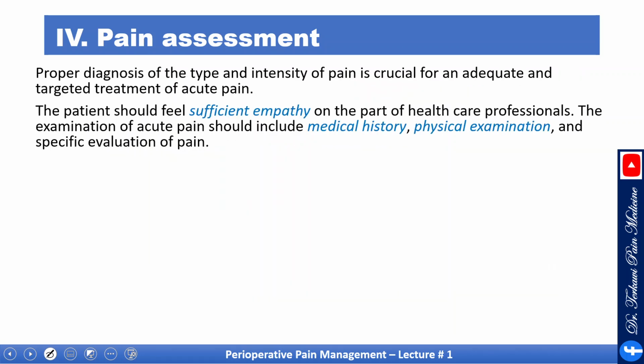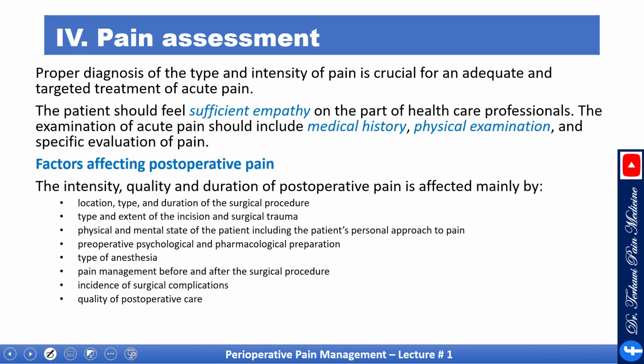Proper diagnosis of the type and intensity of pain is crucial for an adequate and targeted treatment of acute pain. The patient should feel sufficient empathy on the part of healthcare professionals. The examination of acute pain should include medical history, physical examination, and specific evaluation of pain.